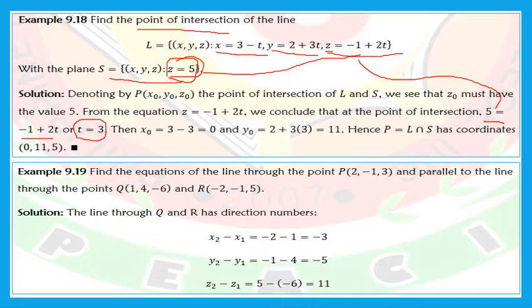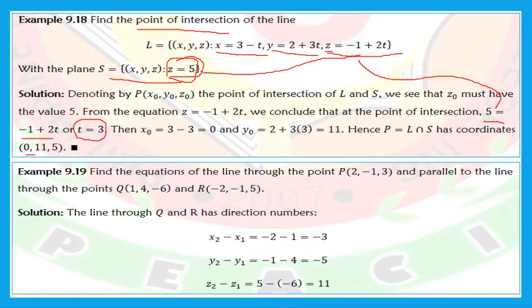Same with the y sub o. So, we have 2 plus 3 times 3 is 11. So, we can conclude that P, or the point P, which is the line L intersect with the plane S, has coordinates 0, 11, and 5.